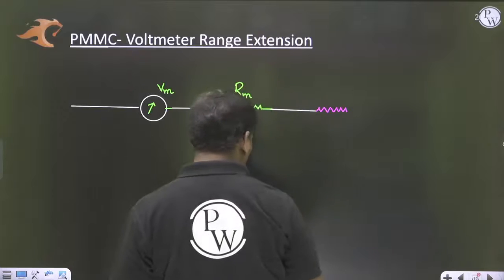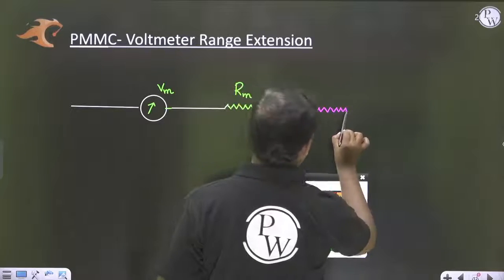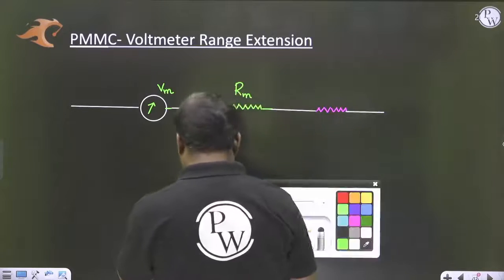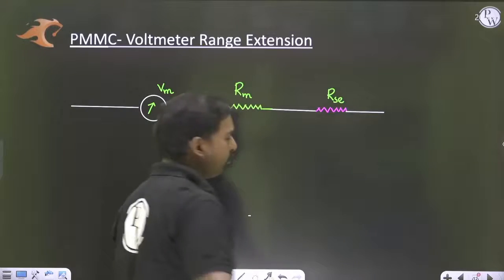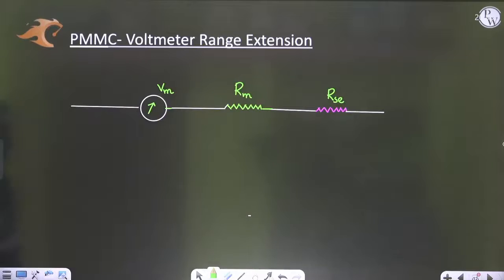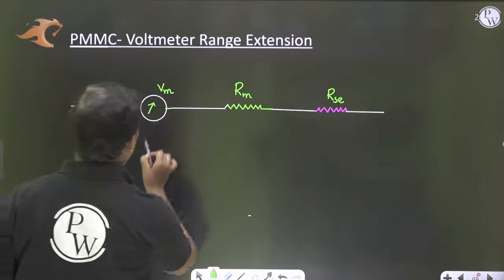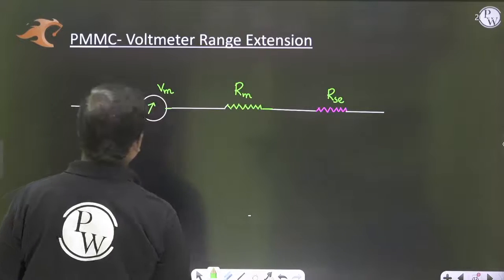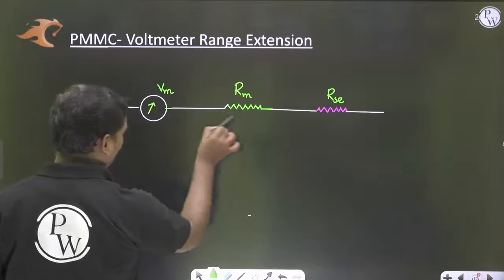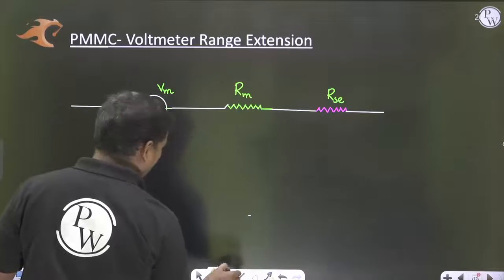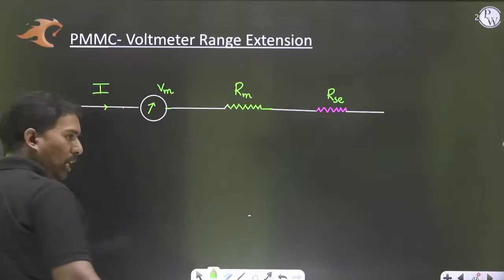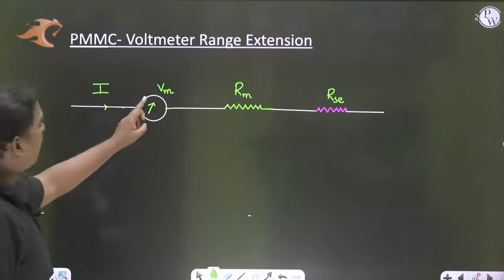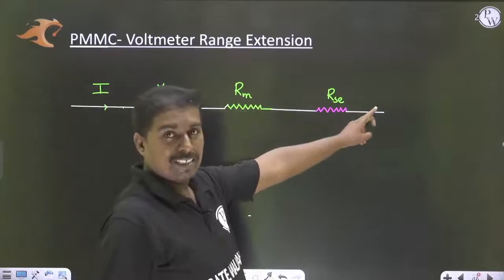Okay, so what happens now? Let us see the voltage. If you take this as a voltmeter, what is the current traveling? The same current I is traveling. Whatever current is traveling in the meter, the same current will travel in the series resistor.